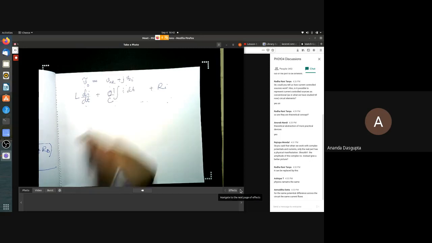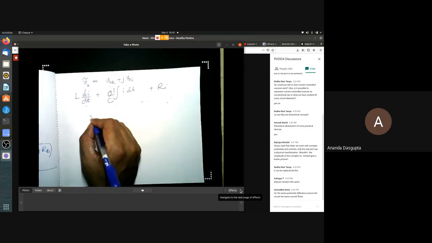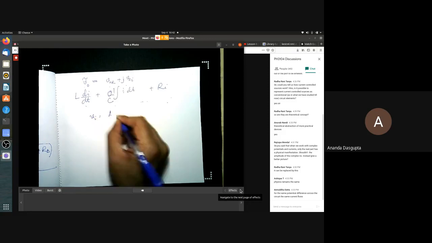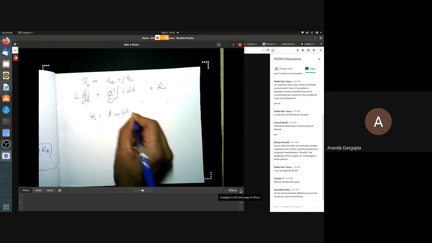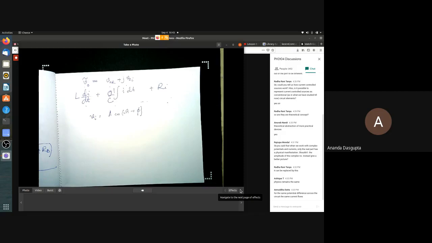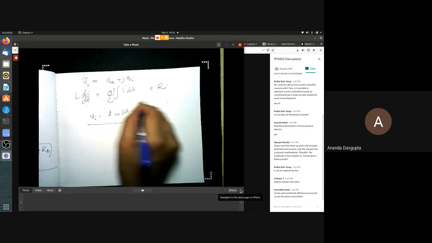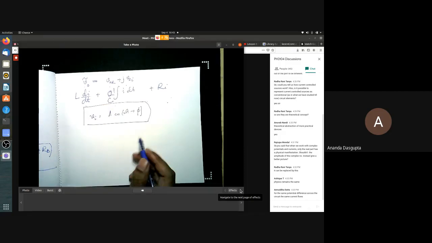We know that the input voltage Vi is some constant times cosine of omega t plus phi. Let's say this is what you start with. It's not the real part of a complex number. This cosine function is really what describes the input function. Now you might say, of course, all input functions are not cosines, but then I would counter that by saying, if it's a periodic input function, then it will be a sum of lots of cosines or sines.